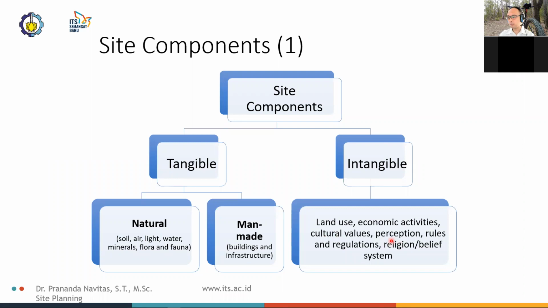General public perception, perhaps, and of course, the legal framework, rules and regulations, and even religious beliefs, a system of belief that exists in and around the site that you might need to consider. So that's one way to look at it.